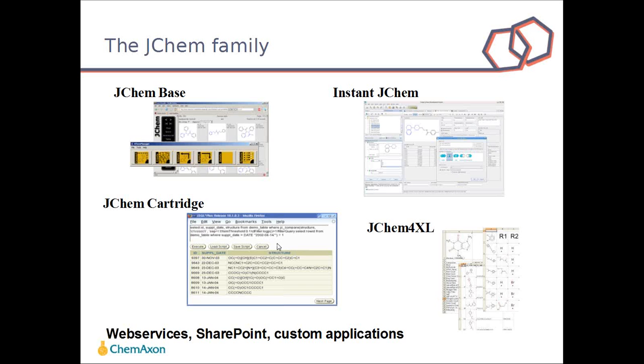Later on I will show more examples with JChem Cartridge queries, but most of the examples will be shown with the Java API. And we also have a front end for Excel and several other products and applications.